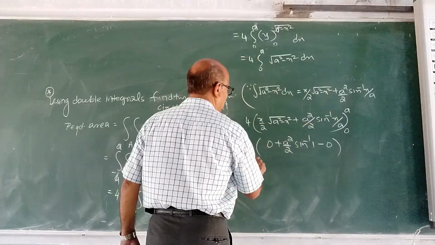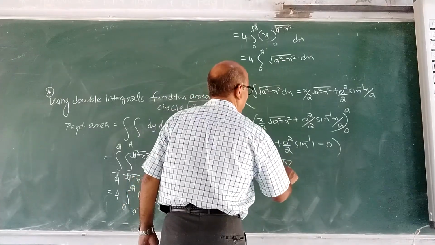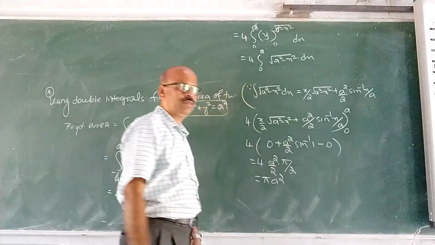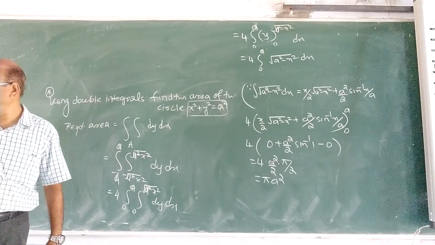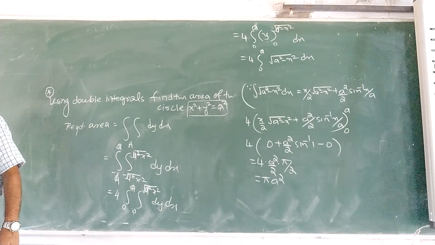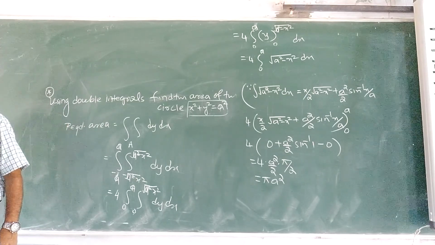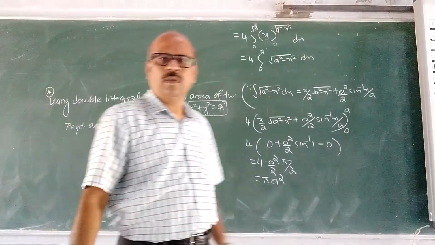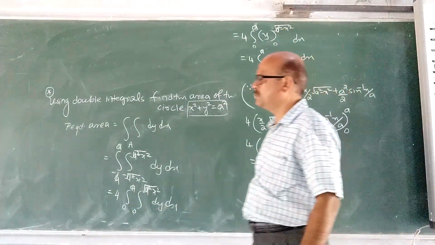From this it is 4 a square by 2 into pi by 2, which is pi a square. That is the area of the circle, pi a square.